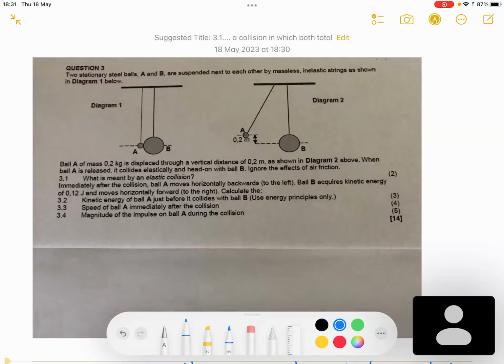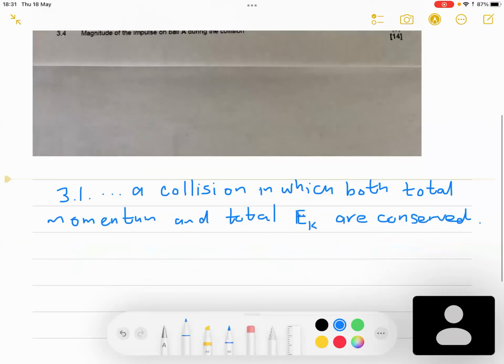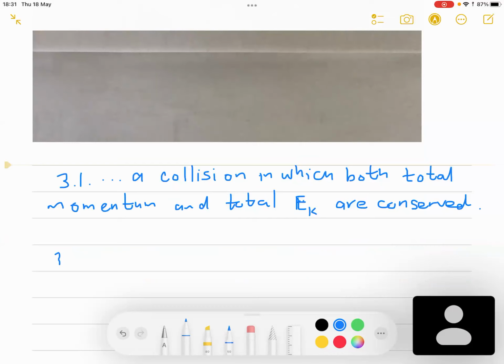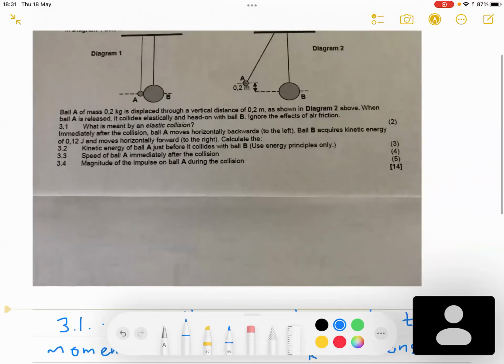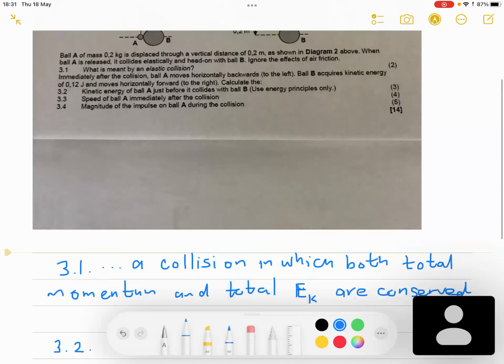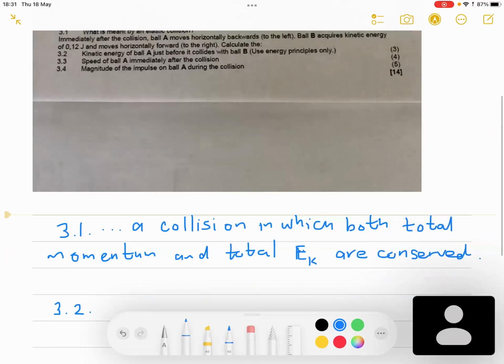Okay, so now we need to calculate the kinetic energy of ball A. So that's 3.2. So how are we going to do that? They said use energy principles only. Okay, so for ball A, we're going to use the conservation of mechanical energy.